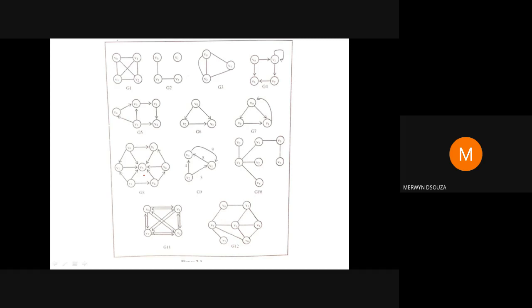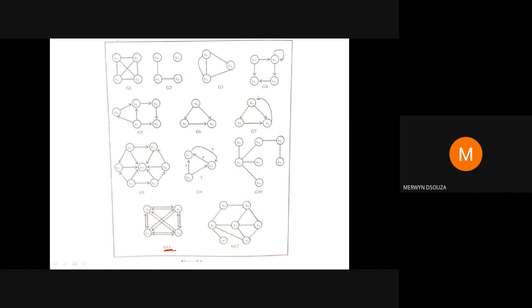The formula that I gave you: an undirected graph with n vertices will have n into n minus 1 divided by 2 edges, and a directed graph with n vertices will have n into n minus 1 edges, and all possible edges will be there. Okay, so here G11 is an example of a complete graph.